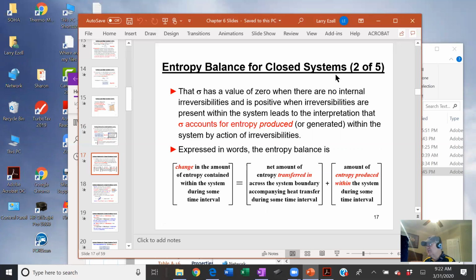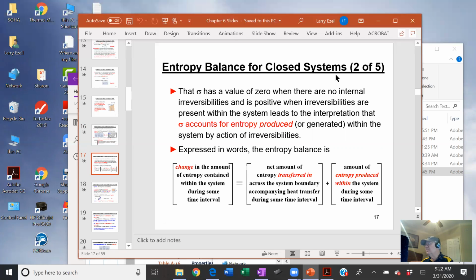Sigma has a value of 0, of course, when there are no internal irreversibilities, and is positive when irreversibilities are present within the system. This leads to the interpretation that sigma accounts for entropy produced or generated within a system by action of irreversibilities. And that's right.